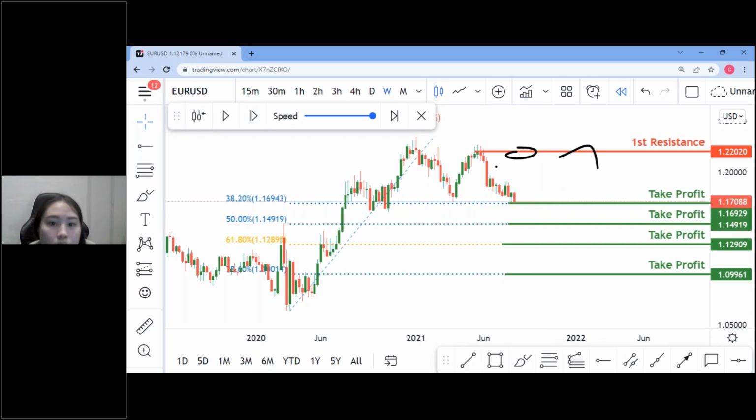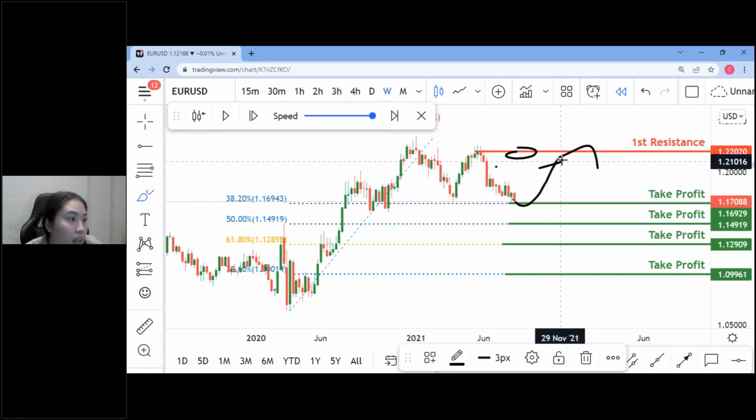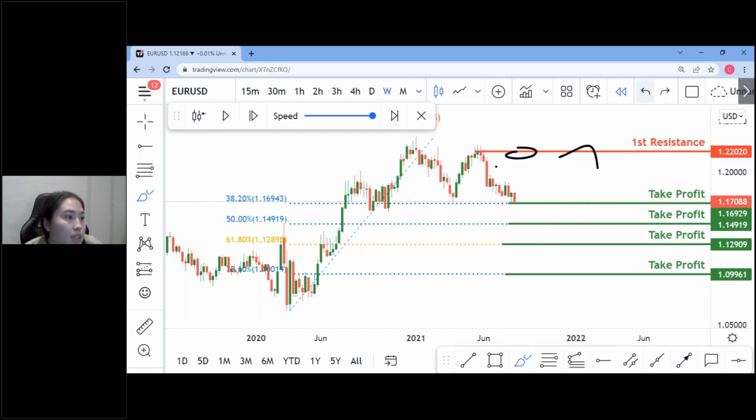This is a totally different topic, but there's this topic called candlestick reversal patterns. So basically, when price comes to a key level, and all these 5 levels are actually key levels, if price was really going to bounce from here, some kind of reversal pattern will come out from the candlesticks, like a hammer, a shooting star, a spinning top, a doji, and then you will be able to enter for a buy.